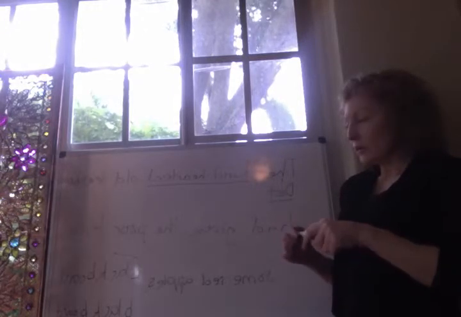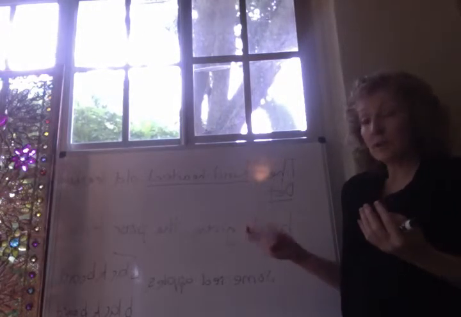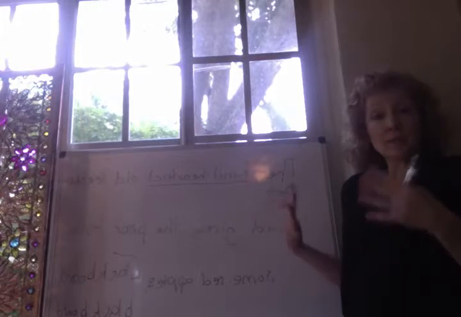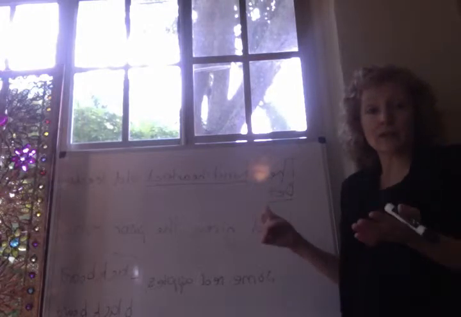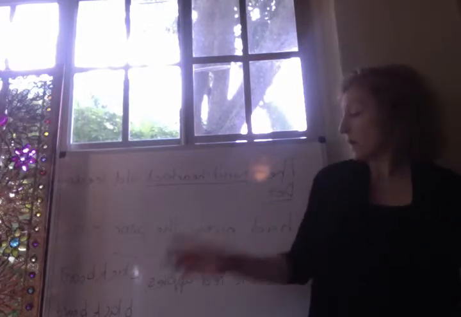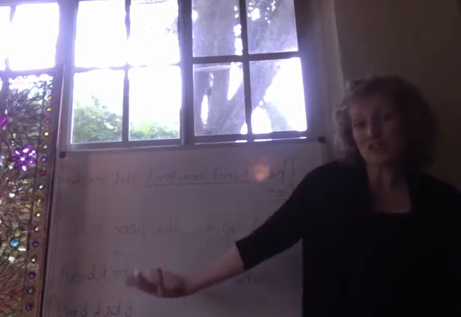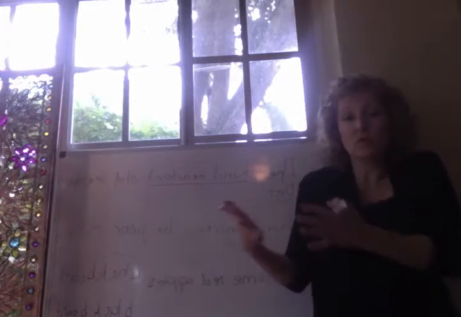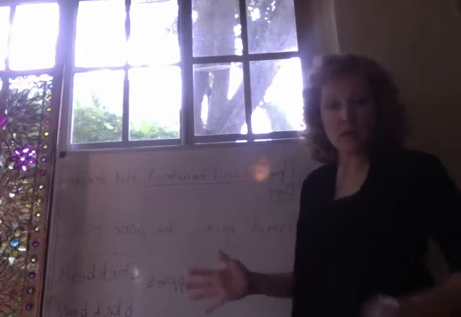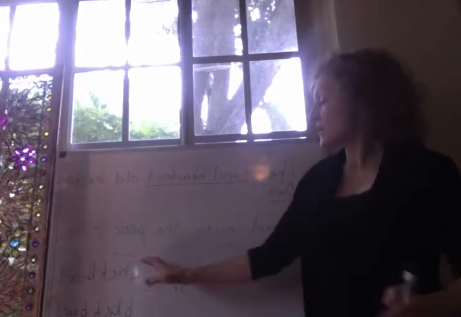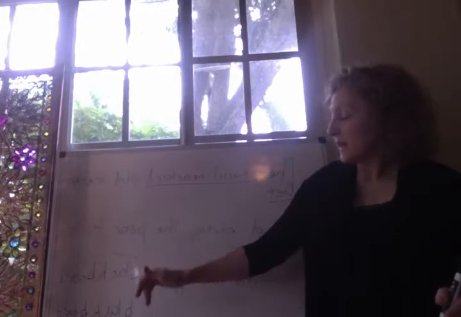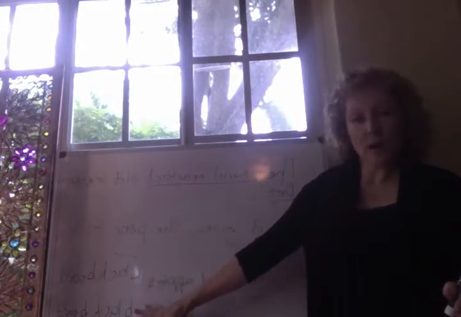So a blackboard could be something other than black. It could be green, and I could still call it a blackboard. But a black board is no longer a compound. In other words, it's just a regular phrase, a board which has the property of being black. So that's the difference between compounds and non-compounds.